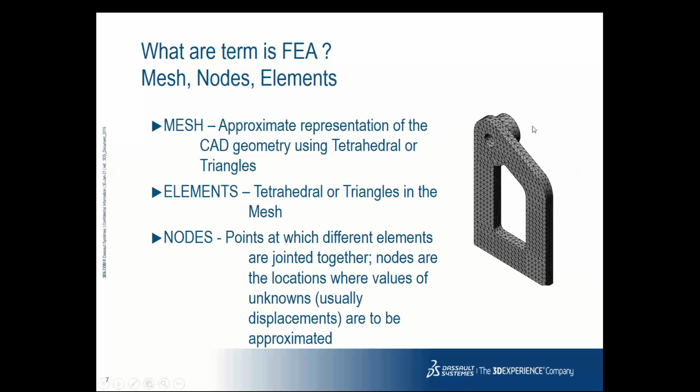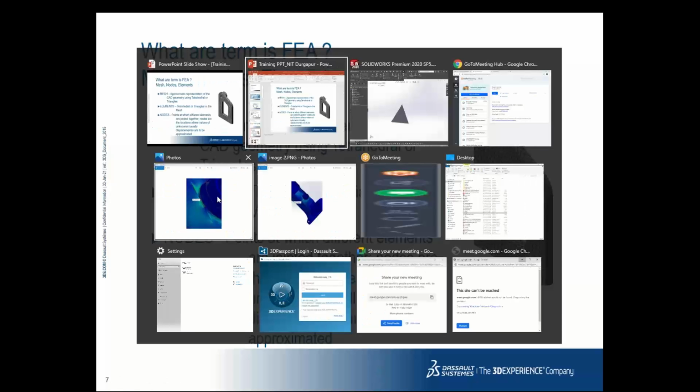So I'll first create the CAD data, then import it into SolidWorks Simulation, where it will convert this data into the meshing geometry, which it understands for the formulations. It will divide it into a small number of parts called elements. Those elements are connected with each other at what are called nodes, the points that I have shown.